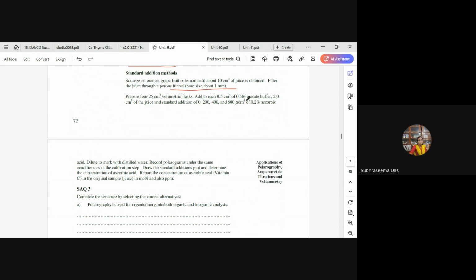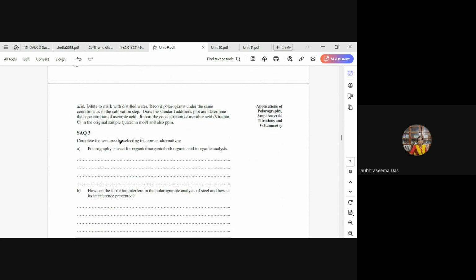We will take 0.5 ml of 0.5 molar acetate buffer, 2 ml of the juice, and standard additions of 0, 200, 400, and 600 microliters of 0.2% ascorbic acid. Now we will dilute our sample to the mark in the volumetric flask, and then we will record the polarograms. We will plot the graph, and then we can find out the concentration of the ascorbic acid that is present in our sample.